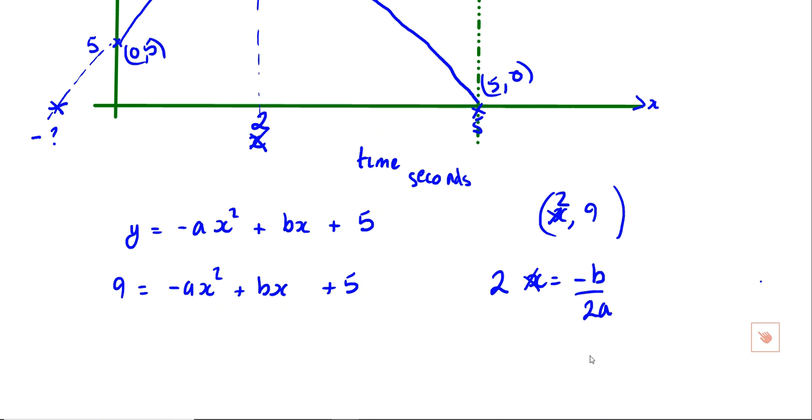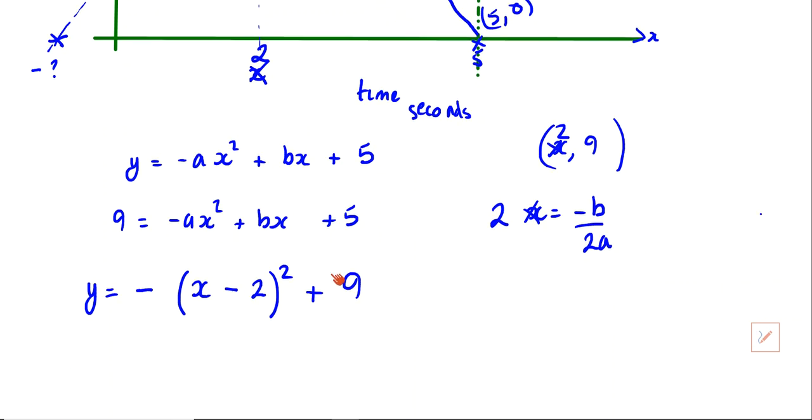Now because we have the vertex, we can put it in vertex form. So we've got y equals negative (x minus 2) squared plus 9, and we can expand the bracket to find the standard form.